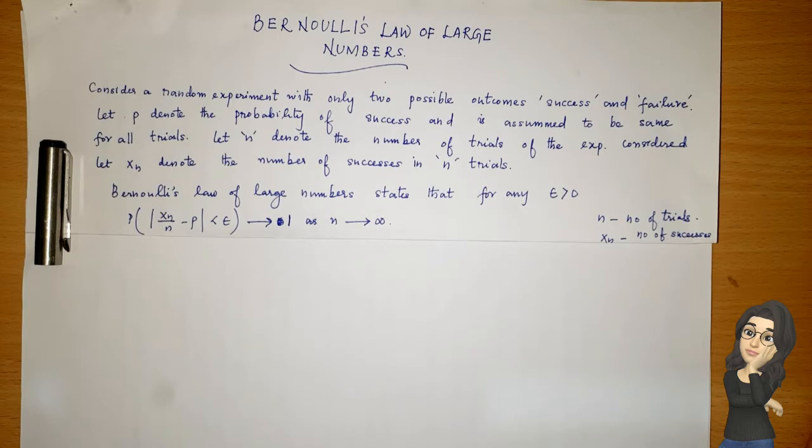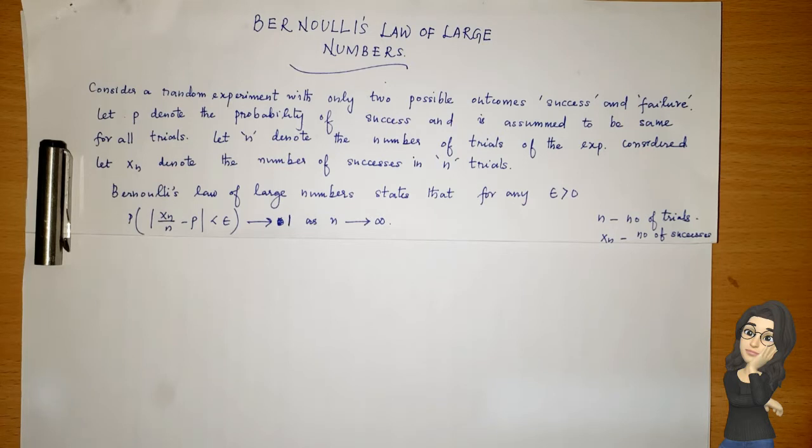Here one thing we have to note is Xn denotes the number of successes in n trials. That means this Xn follows a binomial distribution with n and p as parameters.